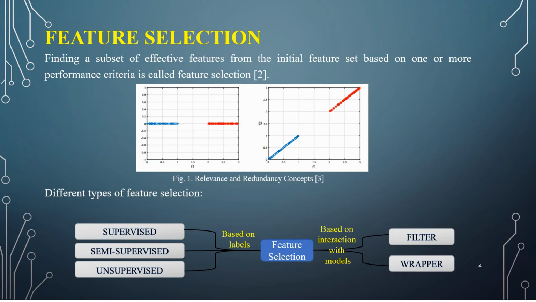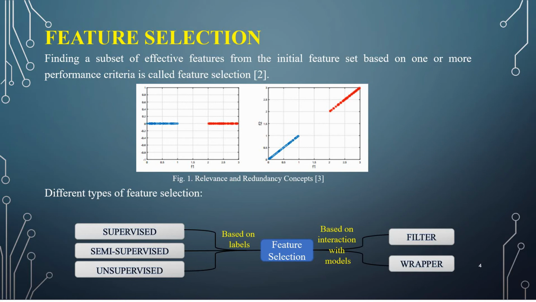On the right side of the figure, we can use either F1 or F2 to distinguish between the two classes of data. In fact, both features have similar values, so they are redundant to each other, and we can remove one of them. Feature selection methods are divided into three categories based on label information: supervised, semi-supervised, and unsupervised.